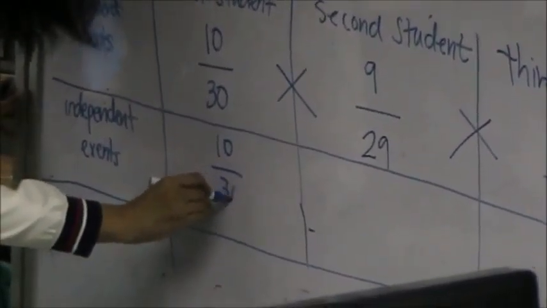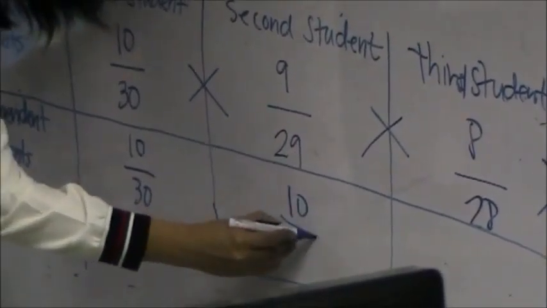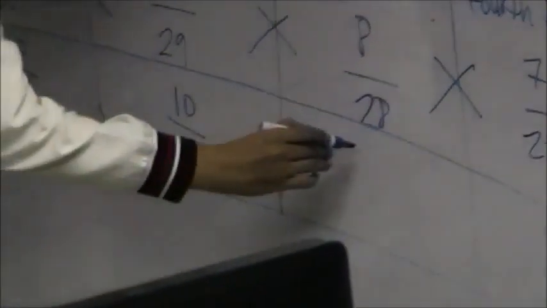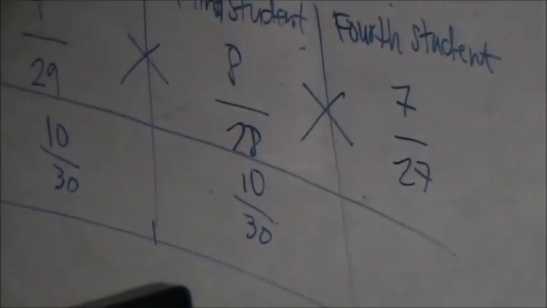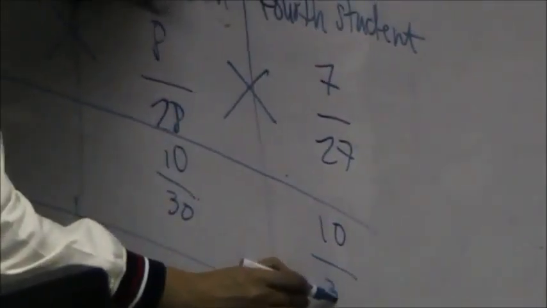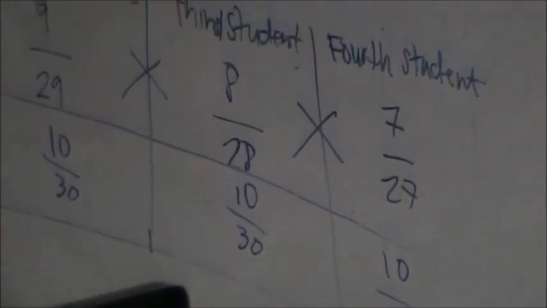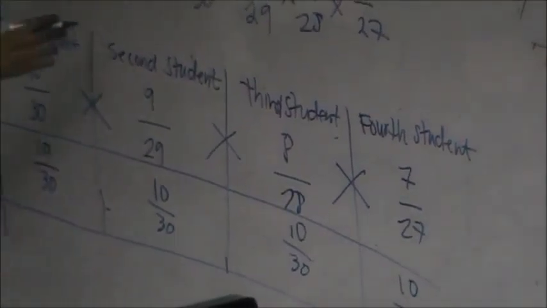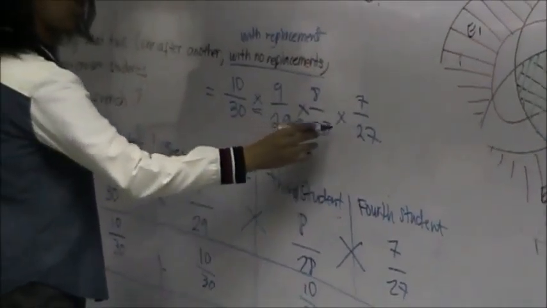Ten over 30. What is this? 10 over 30 still. 10 over 30. And 10 over 30. So it doesn't change.